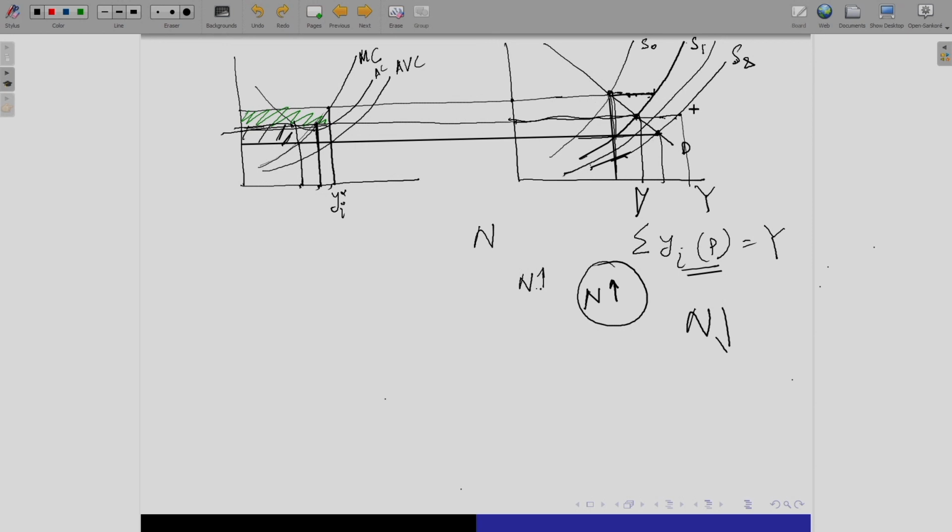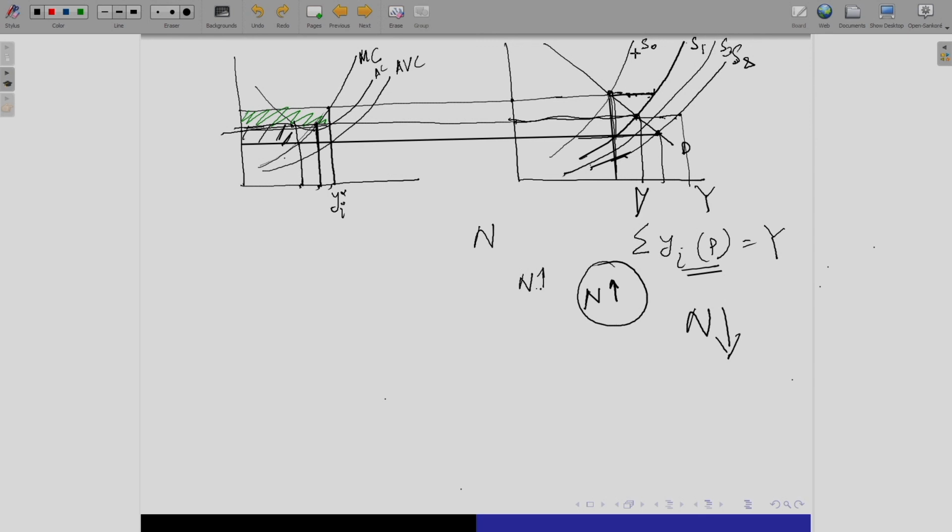At each price now it is supplying less because each firm is producing less, and the number of firms has also gone down because n has fallen, because as all the firms are making losses, some of them have decided to leave the market. And so, the supply curve shifts like this, and suppose this is S3.